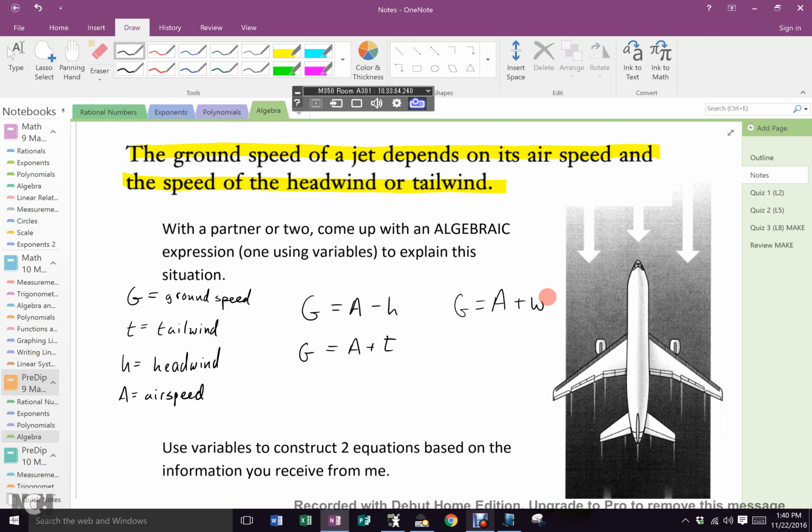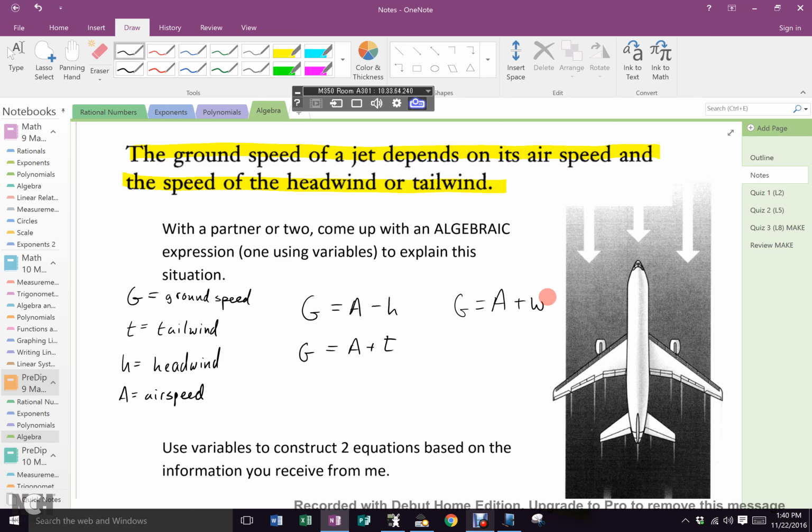No, but I thought it would be the same thing because it says headwind or tailwind. Well, I'm asking you guys. You were supposed to figure this question out. If you didn't know the words, you were supposed to figure it out between the two of yous, or the three of yous, or the four of yous, or the six of yous.